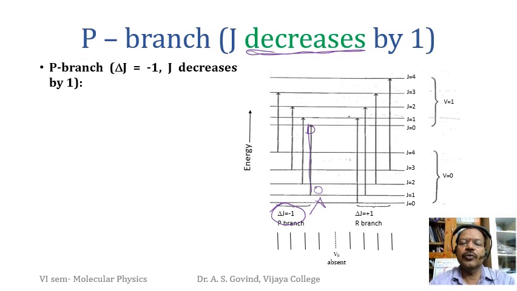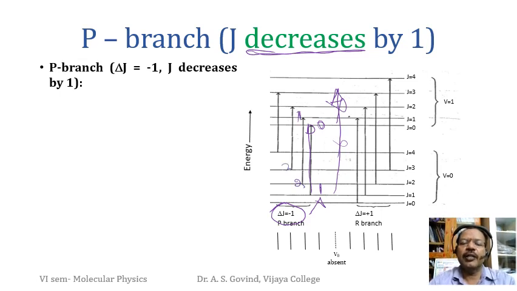This is 0. This starting level is 1 here and 0 here. So J has decreased by 1. And it cannot go to any other higher level here because change of J more than 1 is not allowed. So these things are not allowed. And next is therefore starting from 2, it can go to 1.